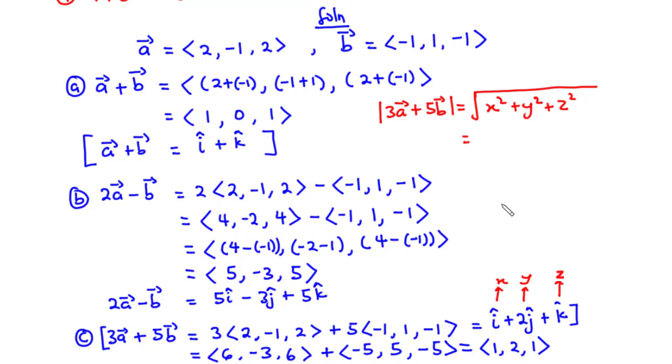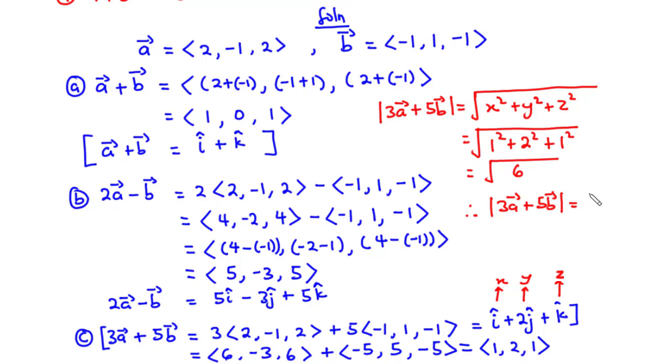Therefore, let's substitute these values in here. So this is equal to the square root of 1 squared plus 2 squared plus 1 squared. 1 squared is 1, 2 squared is 4, so 1 plus 4 is 5, plus 1 squared is 6. So we have the square root of 6. Therefore, the magnitude of the vector 3A plus 5B is equal to the square root of 6 units.